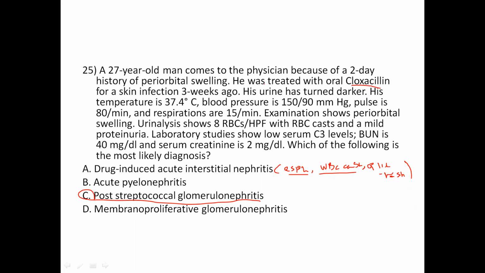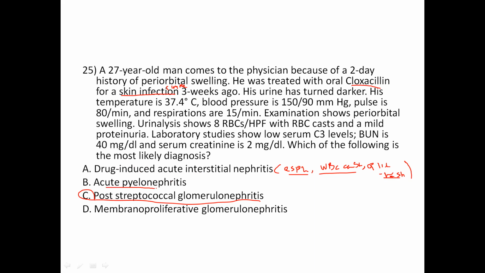Also, the skin manifestation is due to infection. Skin infection is not rash. It is impetigo, or any form of skin infection, but the feature is not a rash. So drug-induced acute interstitial nephritis is not the answer.